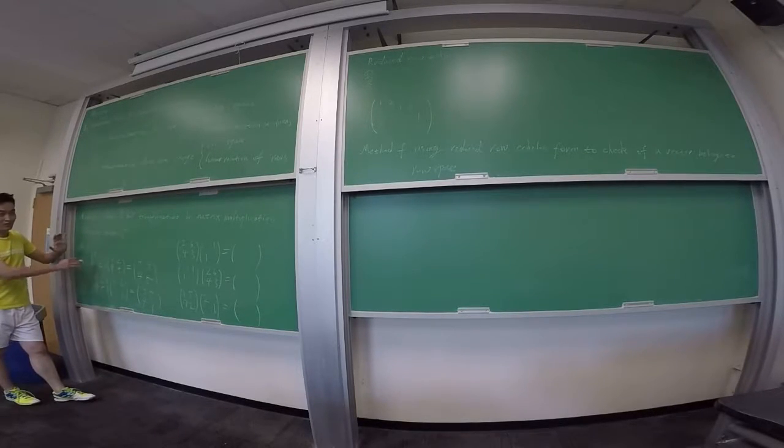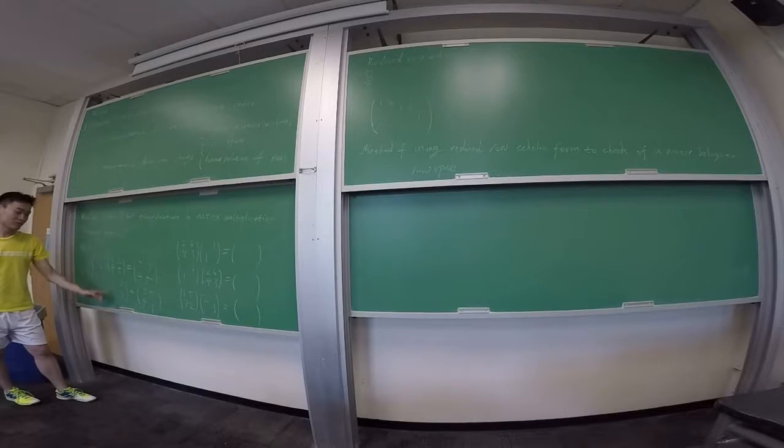To know which column transformation we made, you only have to see how we can obtain this matrix from the unit matrix by column transformations. Because of the one right over here, we can obtain this matrix from the unit matrix by adding the first column to the second column.